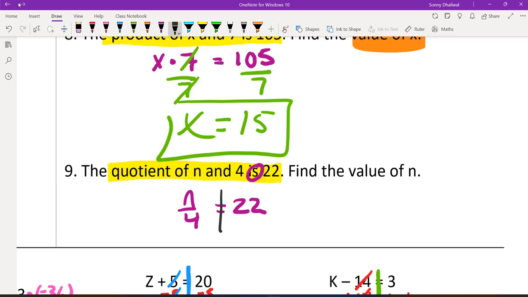We need to get rid of that 4. How do we get rid of that 4, Junior? Yep, it's dividing by 4. The opposite of dividing is multiplying. Times by 4. So n is equal to 88.